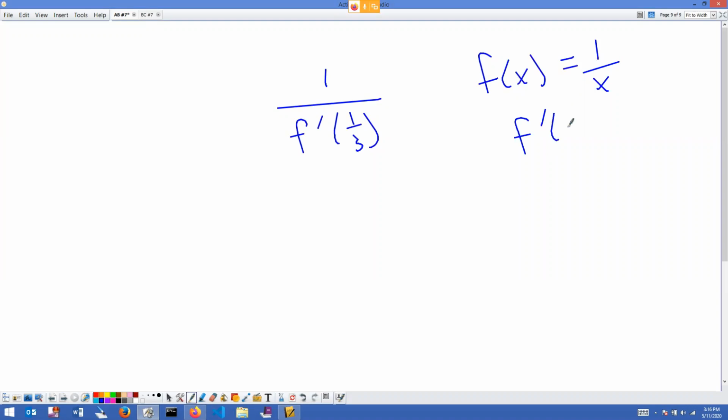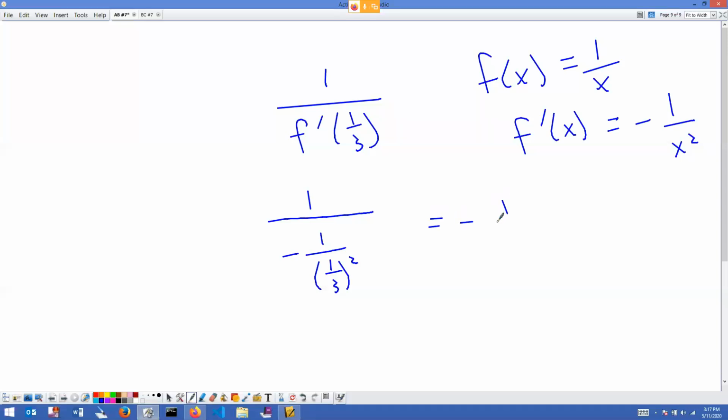So with f of x equal to 1 over x, f prime of x is negative 1 over x squared, which means this should be 1 over negative 1 over (1/3) squared. If that was the AP test, just leave it like that. But (1/3) squared is 1/9, and 1 over 1/9 is just 9, so this is negative 1/9.